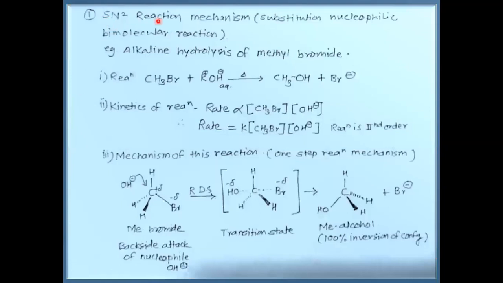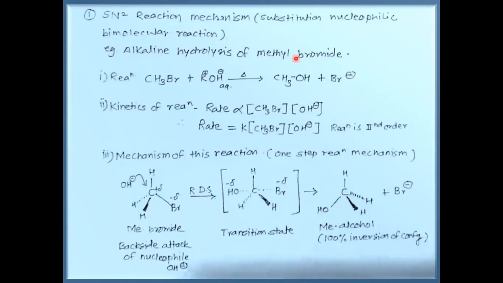First, we will see the SN2 reaction mechanism, substitution nucleophilic bimolecular reaction. S stands for substitution, N stands for nucleophilic, and 2 stands for bimolecular reaction. The example of this reaction is alkaline hydrolysis of methyl bromide, meaning methyl bromide reacts with alkali KOH.